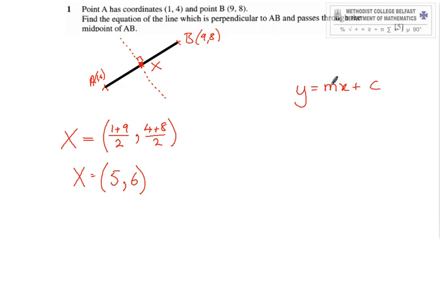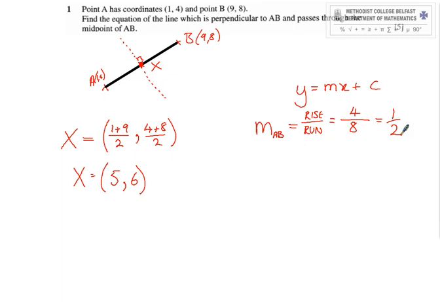And the hint is that we can find the gradient of AB. So the gradient of AB is the rise over the run, more mathematically, it's the difference in y coordinates over difference in x coordinates. So 8 minus 4 is 4, and 9 minus 1 is 8. So the gradient of AB is a half.